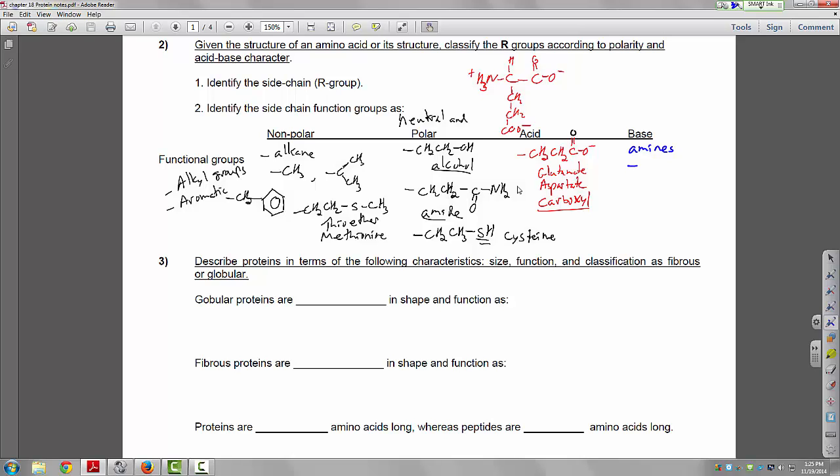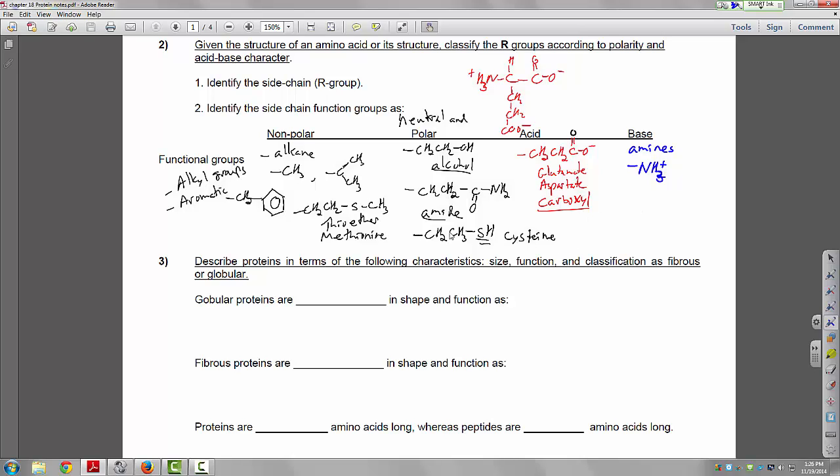I won't bother drawing the structures, but the side chain contains nitrogen. Not this nitrogen here attached directly to the alpha carbon, but the side chain here would contain a nitrogen. And of course, at physiological pH would be ionized.